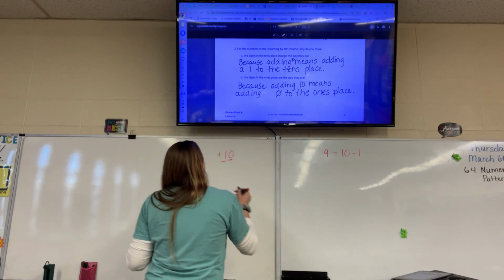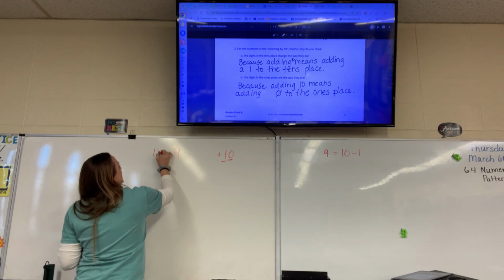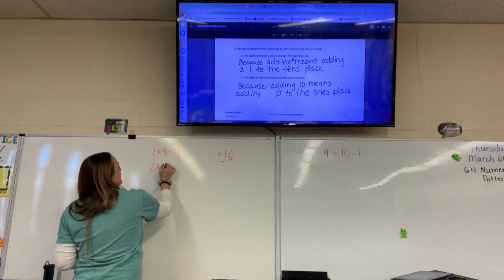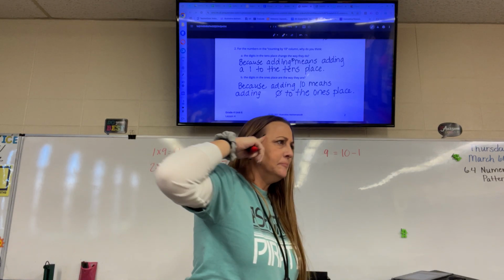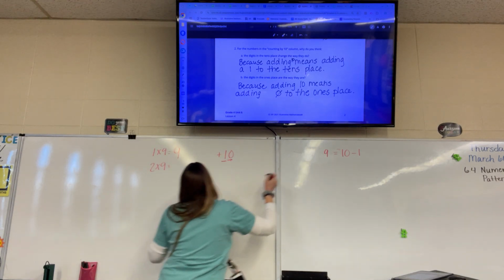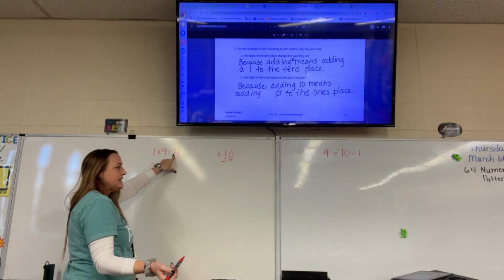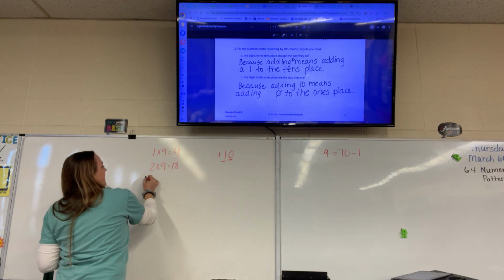So for example, we know that 1 times 9 equals 9. We're trying to find out what 2 times 9 is. If you're doing your facts and you can't remember, you can start by adding 10. What's 9 plus 10? 19. And then take away 1. 18. Okay?